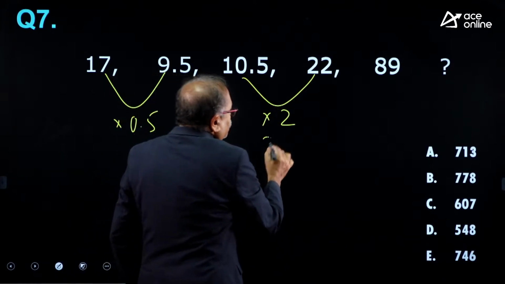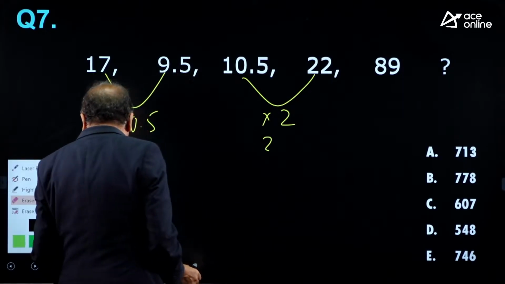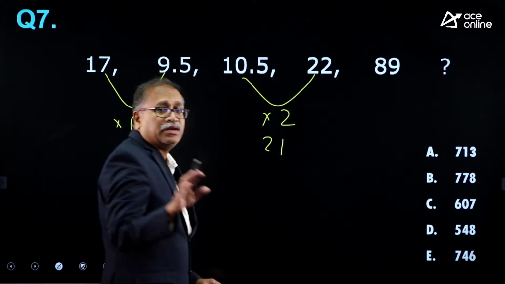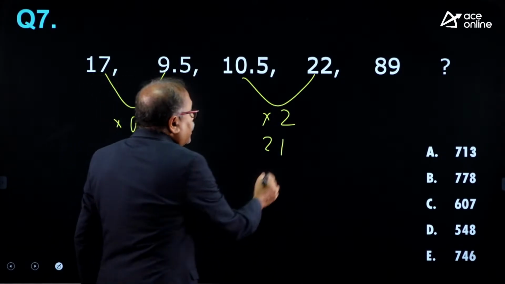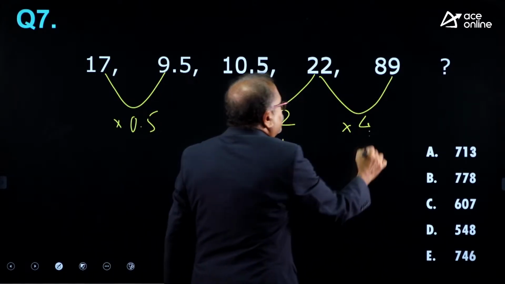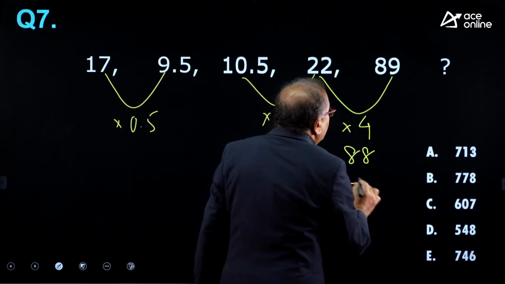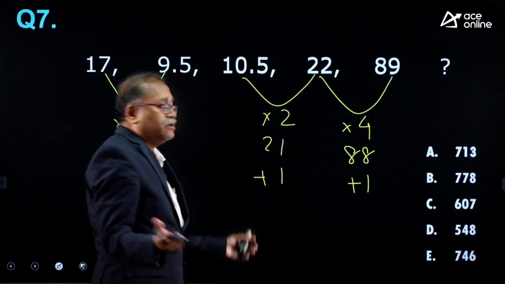So, if it is into 2, then 21. Yes Anusha, you must have done it in the same way, that is 21, and the number is 22, that means plus 1, and from here to here we notice that into 4. So, that means 88 and 88 plus 1 is 89, we got it.